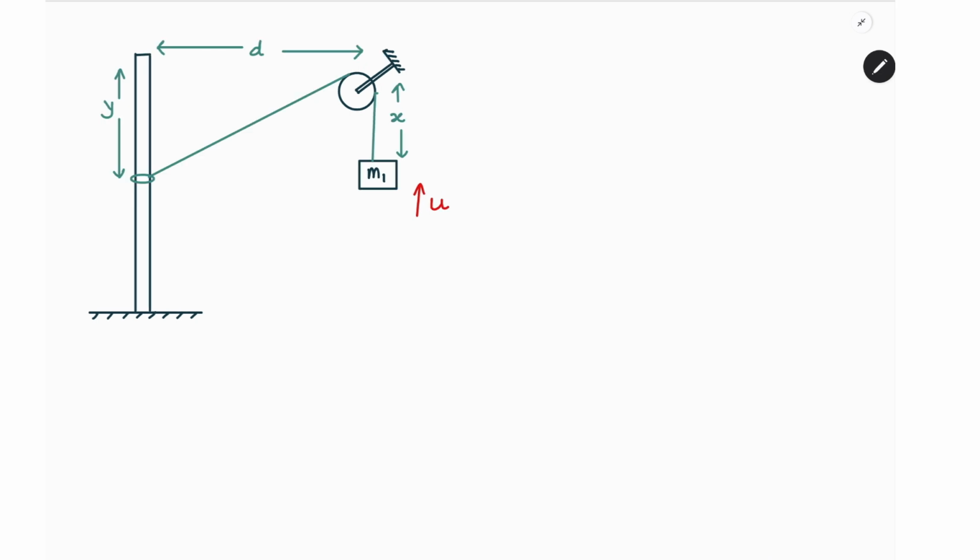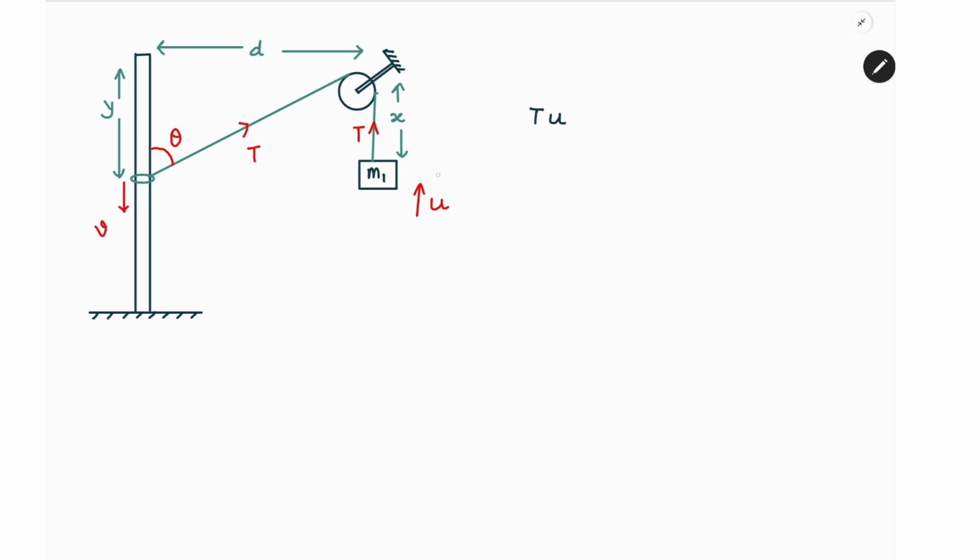At an instant of time, consider the tension in the string to be T. It is rising up with a speed u, and this is falling down with a velocity v, and this is the angle theta. The work done by the internal force will be 0.